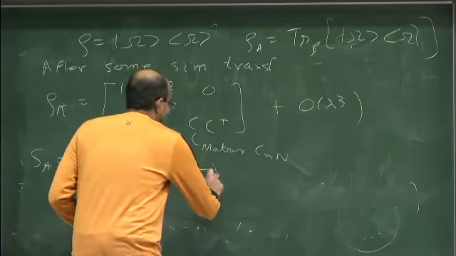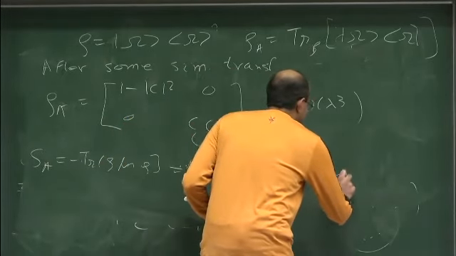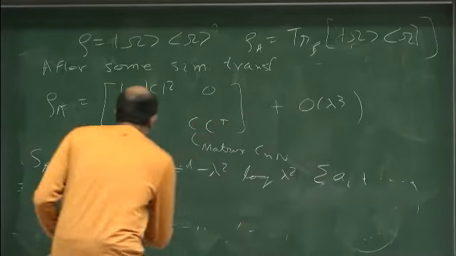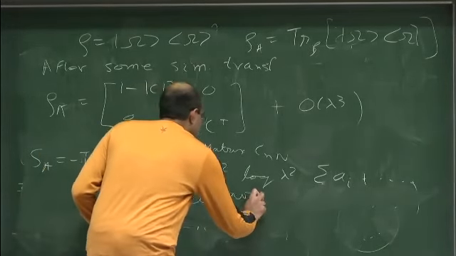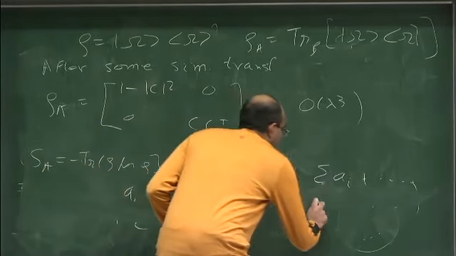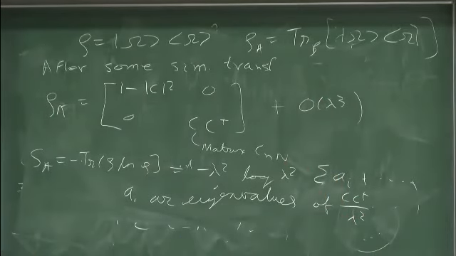And that's equal to minus lambda squared log lambda squared times the sum of AI plus additional terms, where AI are eigenvalues of CC dagger over lambda squared. So that's basically our final expression.